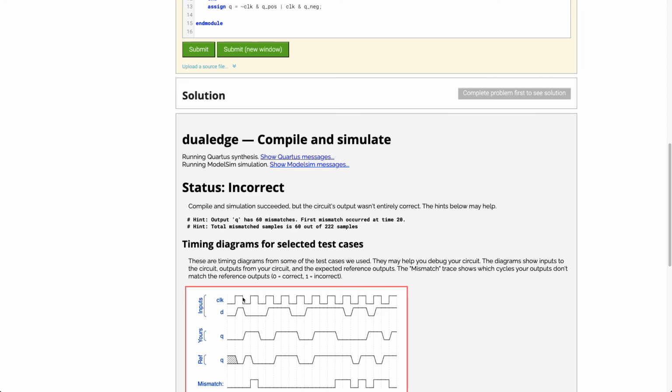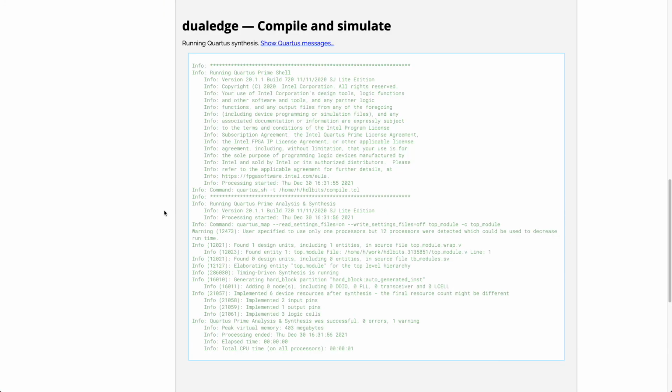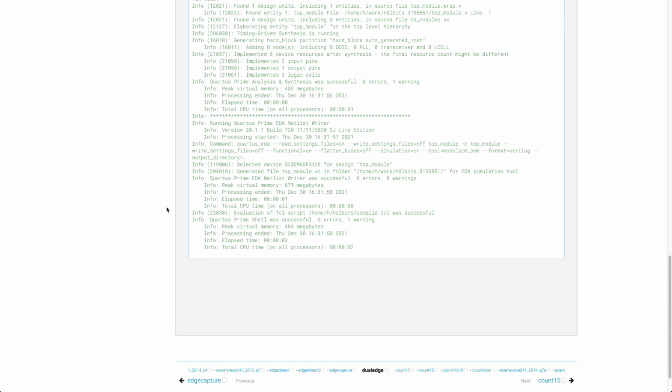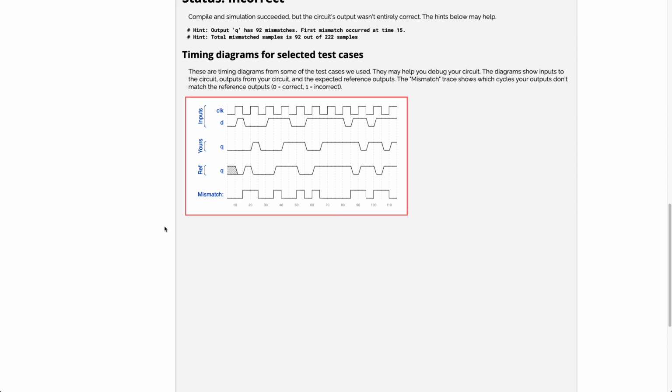Now, if neg edge, this Q neg would be updated, and then when the clock is asserted again, it'll have to look back into what happened in the neg edge, and then update that. Okay, still wrong.